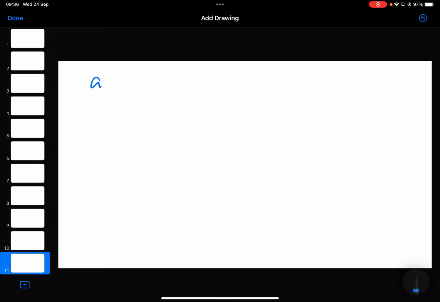Okay, area of shapes. I told you already, for all shapes, if I want to find area, I only remember base times height. Triangle, half times base times height.